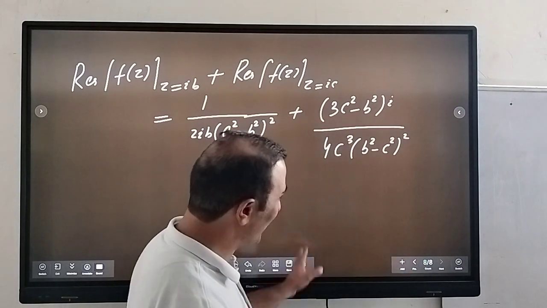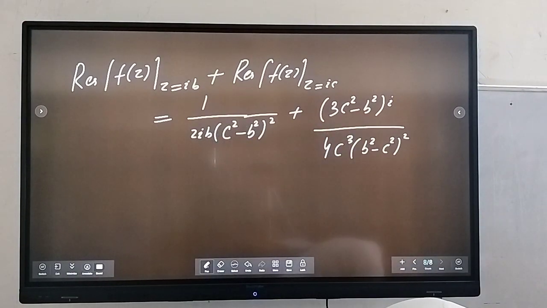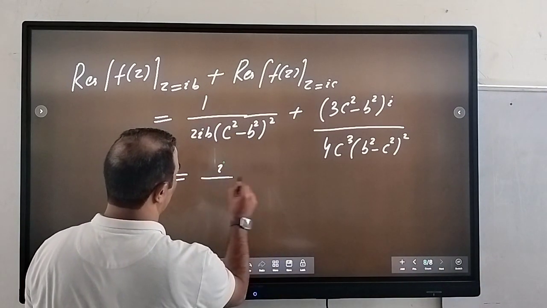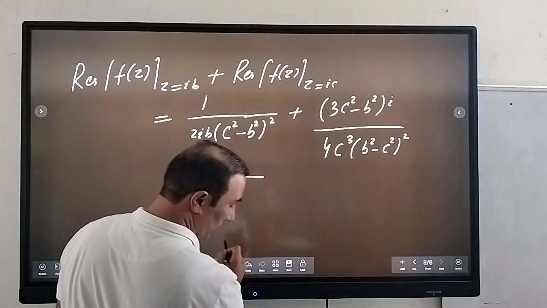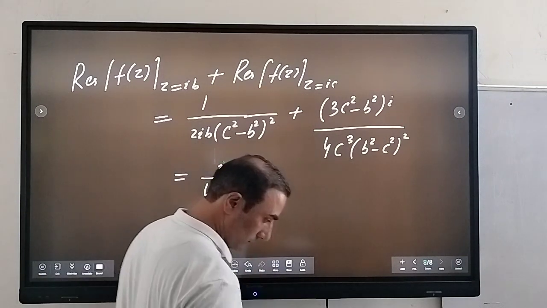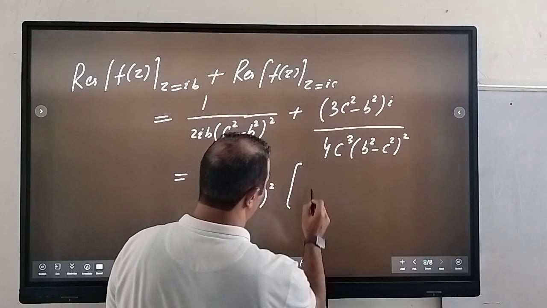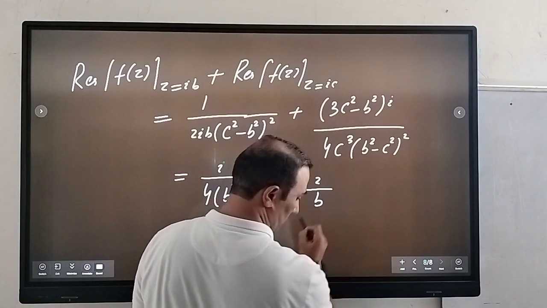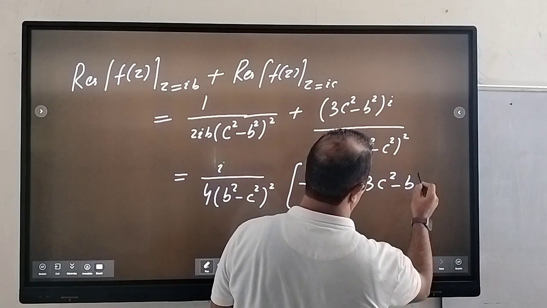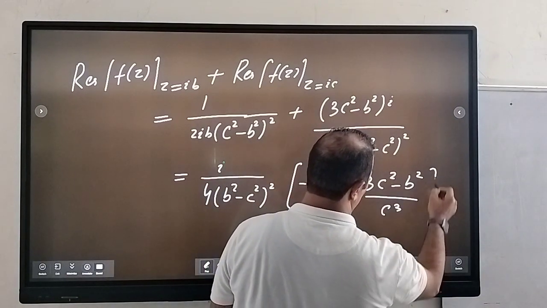There's a little bit of algebra involved here. You can rewrite this as iota divided by 4 into b square minus c square whole square taken out, so inside will be minus 2 by b plus 1 by c, right?